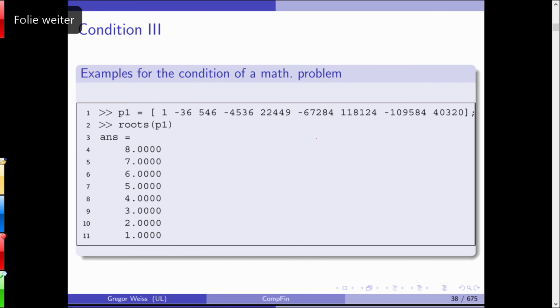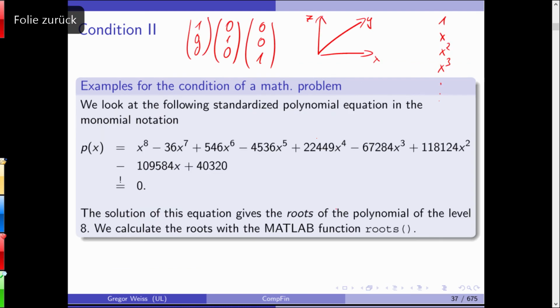One has to be careful: polynomials in MATLAB always start with the highest monomial. So the vector has to look like this: 1, minus 36, and so on. Only if you take the length of this vector do you know what polynomial this is.